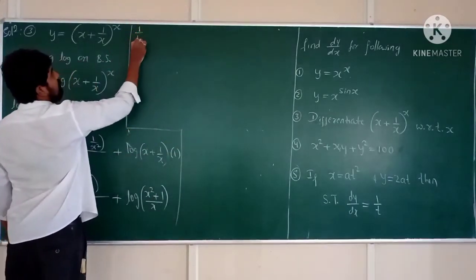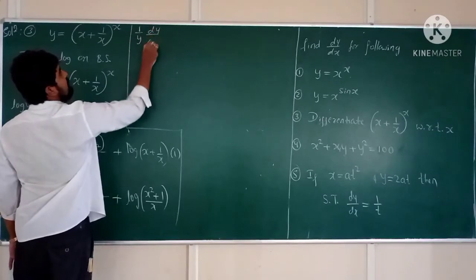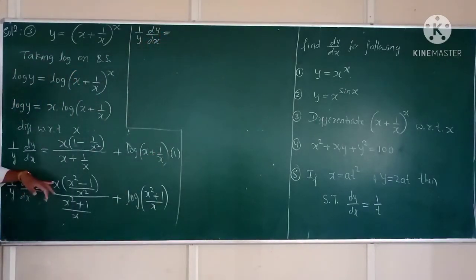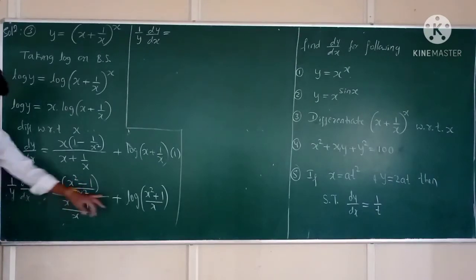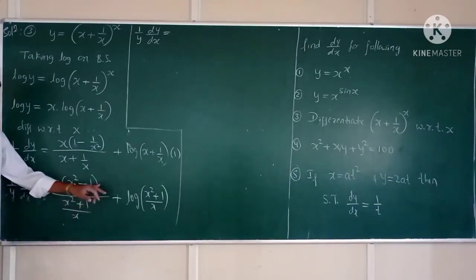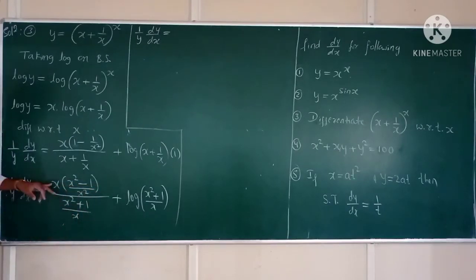Therefore 1 by y dy by dx is equal to x into (x square minus 1) divided by x square, whole divided by x square plus 1 divided by x. So this x square plus 1 divided by x, manually it becomes reversed: x into x square into (x square minus 1) divided by x square into (x square plus 1).